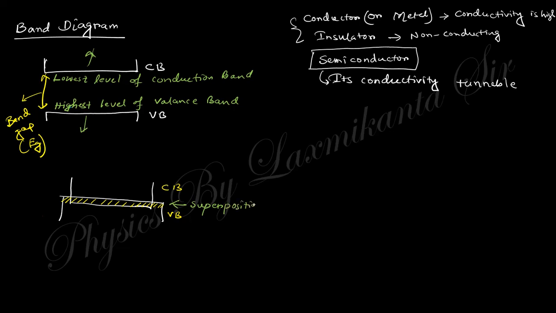So here you can easily say that Eg equals 0. There is no band gap. This is the band diagram of a conductor or metal.